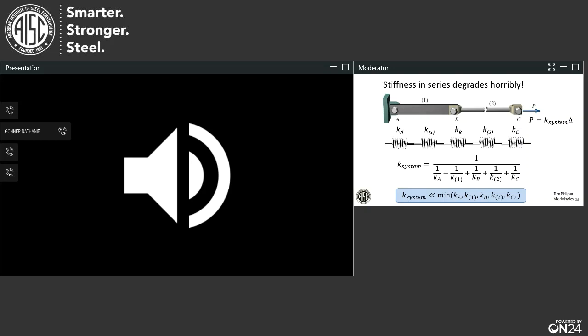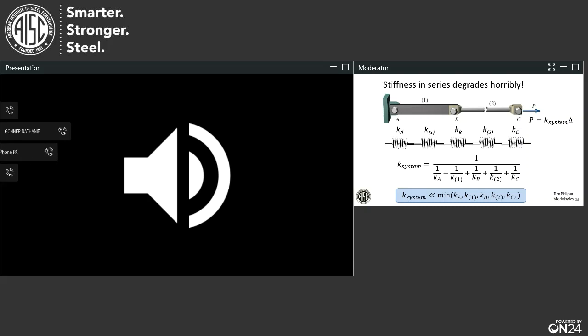And so the question here is, regarding stiffnesses in series, am I to understand that if we start with a frame with stiffness K1 and then add another frame in the same plane as that with stiffness K2, would that actually be a smaller stiffness than the smaller of those two frames? Is that analogous to what you're talking about here?